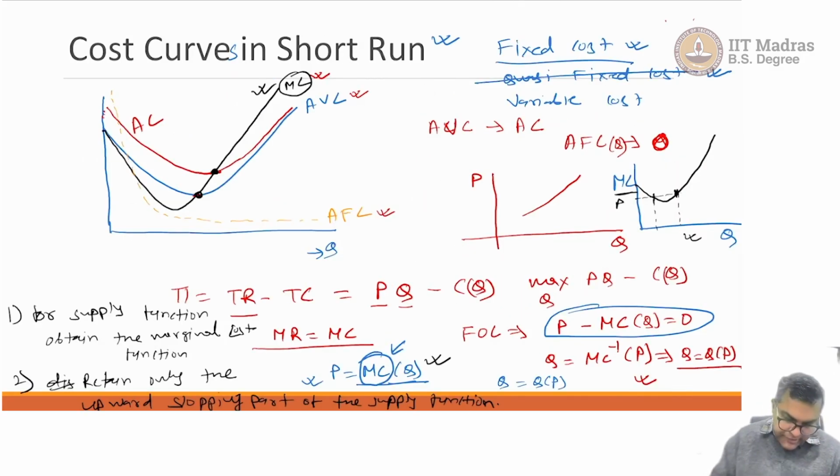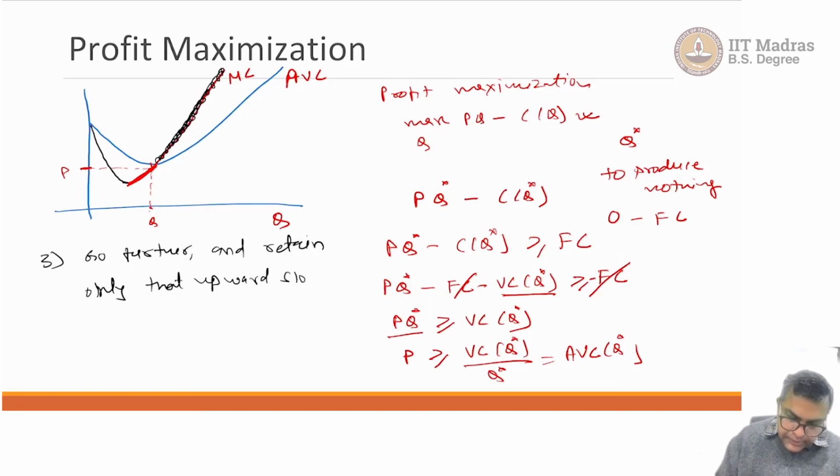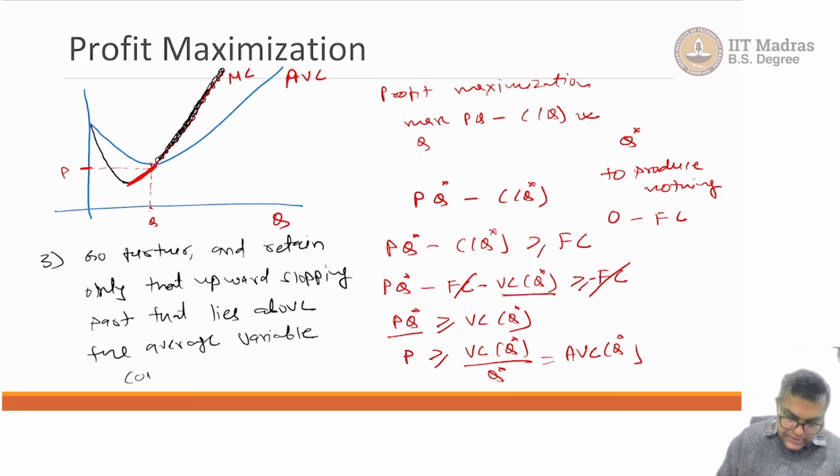So, two rules we have already written: for the supply function, obtain the marginal cost function. Second, retain only the upward sloping part. Third, we say go further and retain only that upward sloping part that lies above the average variable cost curve.